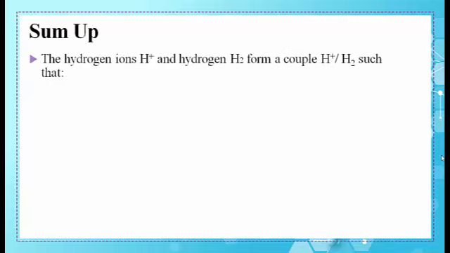Now, let's sum up what we have learned about the H+/H2 couple. First, we said that the hydrogen ions H+ and the hydrogen gas H2 form a couple H+/H2, such that 2H+ plus 2 electrons are reduced to give H2, or H2 is oxidized to give 2H+ plus 2 electrons.